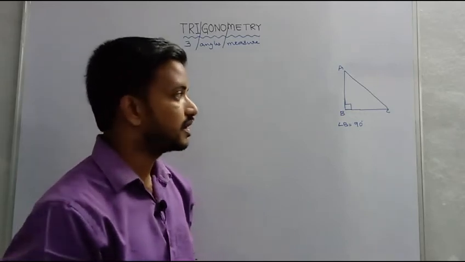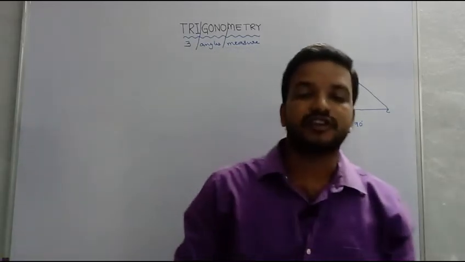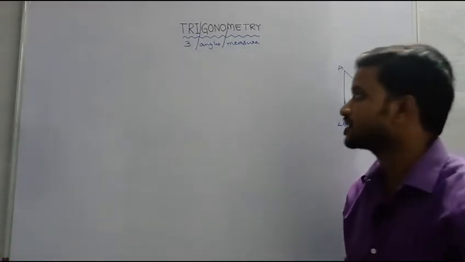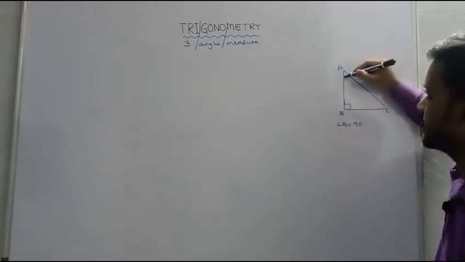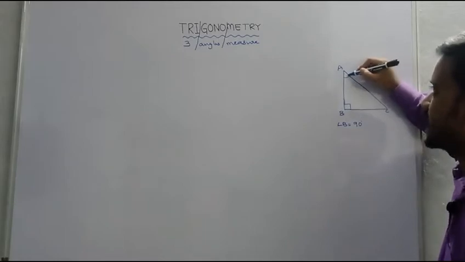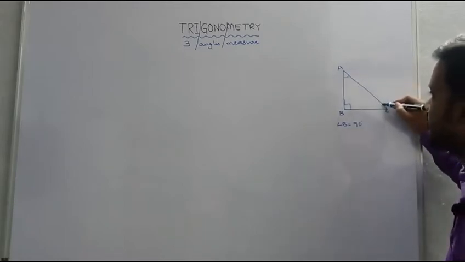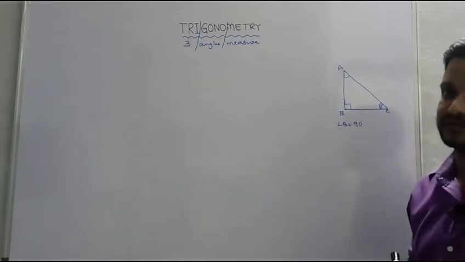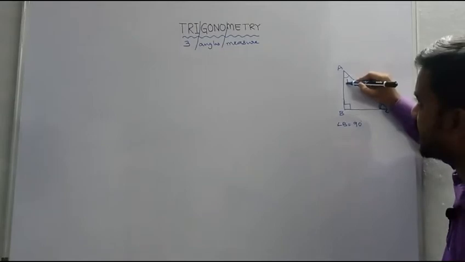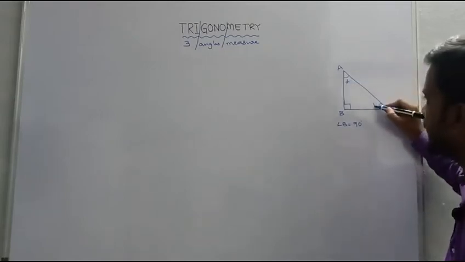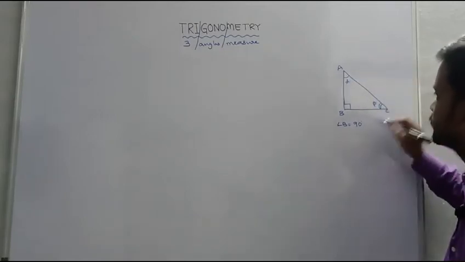Okay, and here, apart from this 90, some angle has been subtended at A, and at C also some angle has been subtended. For example, I consider this angle as alpha and this angle as beta.